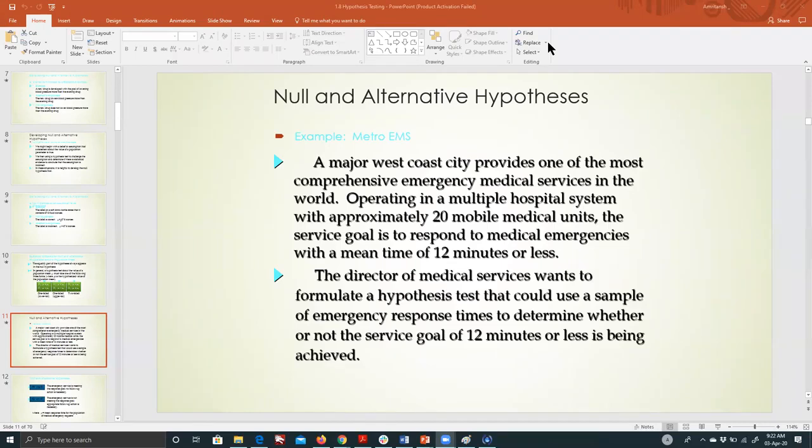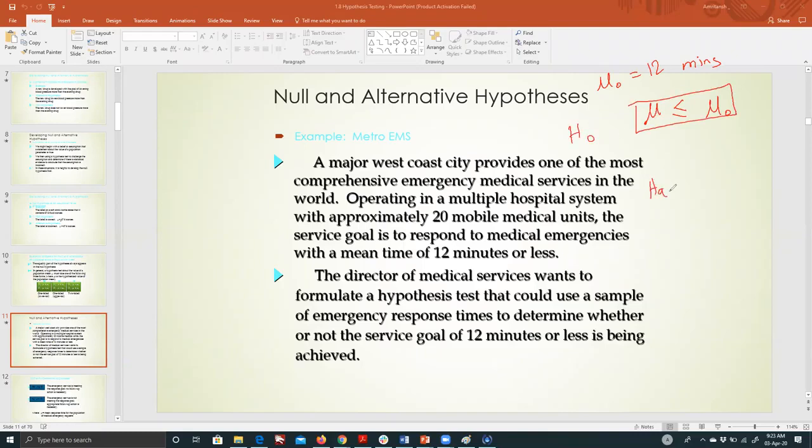So what is your null hypothesis here? 12 minutes or less, right? So how would you write it? You will say mu is less than or equal to mu naught. So this will be called H naught.